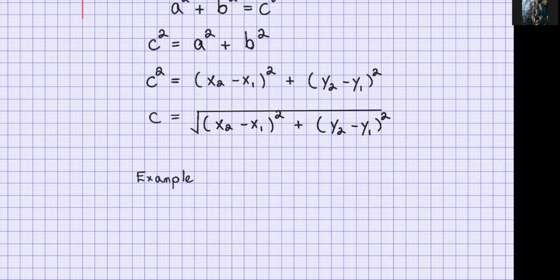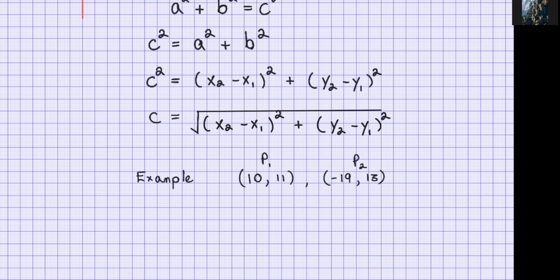They tell us that one point is found at 10, 11, and the other point is found at negative 19, 13. The first thing that I always do with these problems is to identify which of these 2 points will be my point 1 and point 2. Again, it doesn't matter which is which. For the sake of the example, this will be point 1 and this will be point 2.